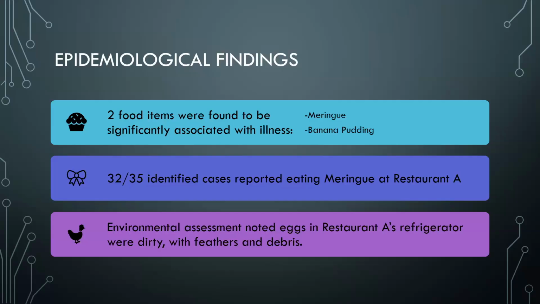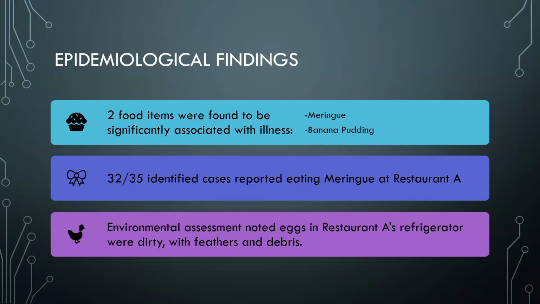They also found that the relative risk of getting sick from meringue was about 7.03 with a p-value of 0, which is very statistically significant. The banana pudding had a much lower relative risk, 2.23 with a p-value of 0.0001. Which led our epidemiologists to think that the meringue might be the main issue.